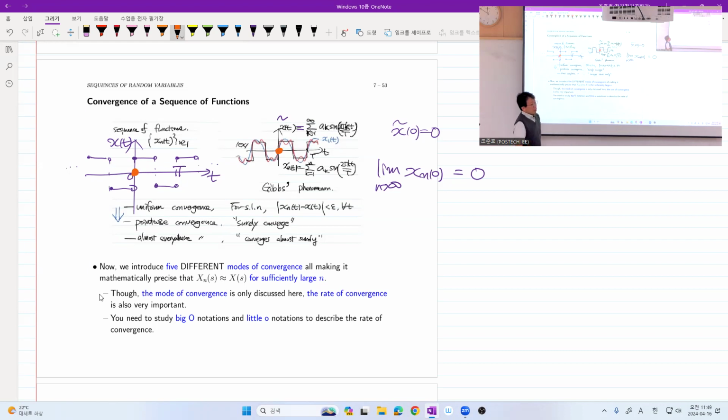Now, what about this sequence of functions you construct by changing this subscript n? So you have a function x1 of t, x2 of t, x3 of t. Can you claim that this sequence of functions converges to the original function?